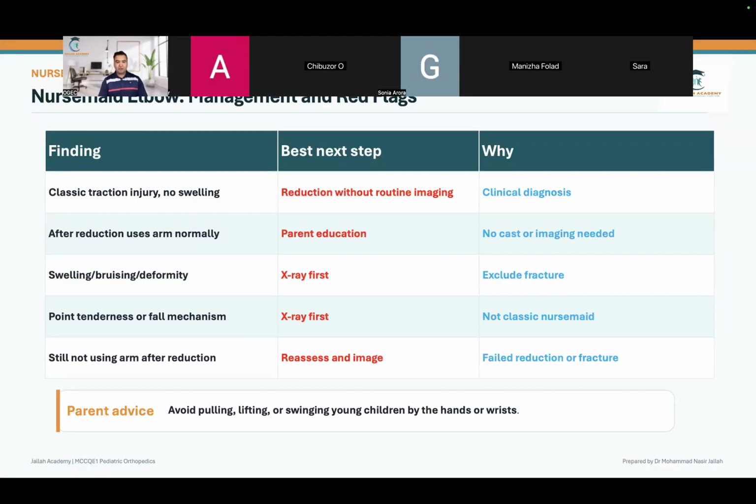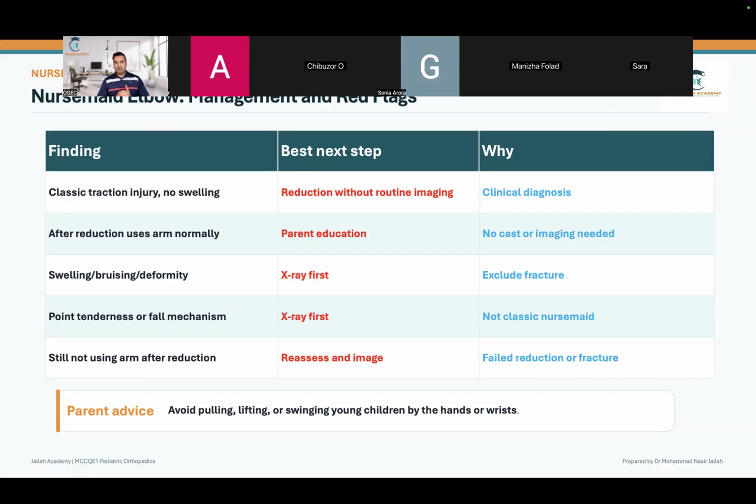Exclude the fracture. So point tenderness or fall mechanism. If there's a point tenderness and a fall, there is trauma. Like when you're moving the baby, holding the hands, it's also trauma. But if there is a fall trauma and point tenderness, again, I have to do the X-ray.